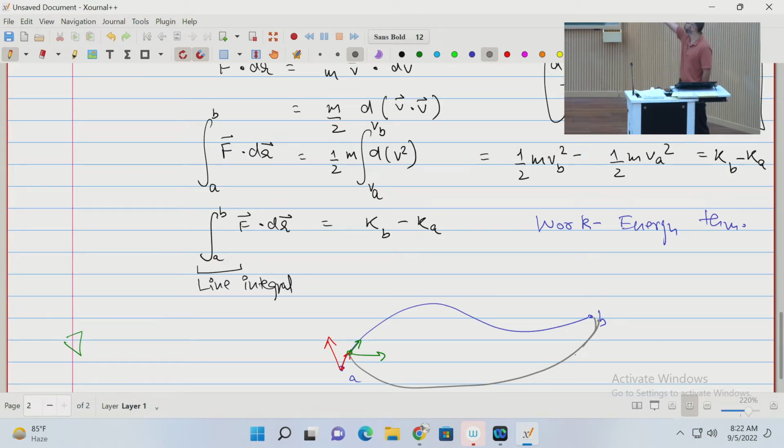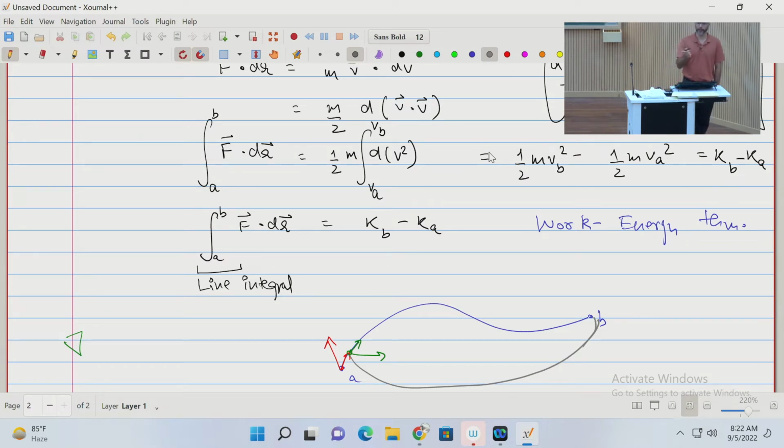Because my force would be different there. dr is different. So we could have a different value of this integral. So line integral has to be calculated along a path. So you have to define what path you are moving on. We'll come back to this later because this is a bit confusing.